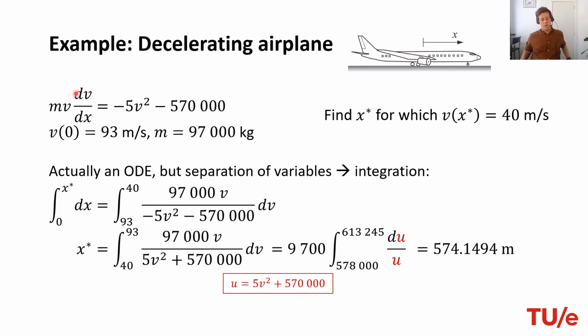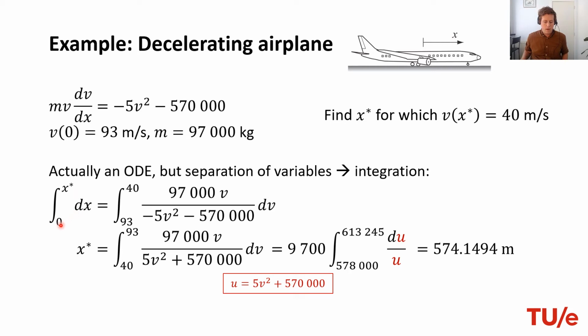And then you integrate over the appropriate interval that you want. A straightforward manipulation of this equation gives that dx is equal to mv divided by this times dv.